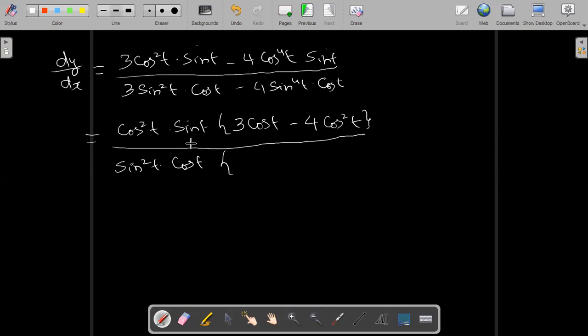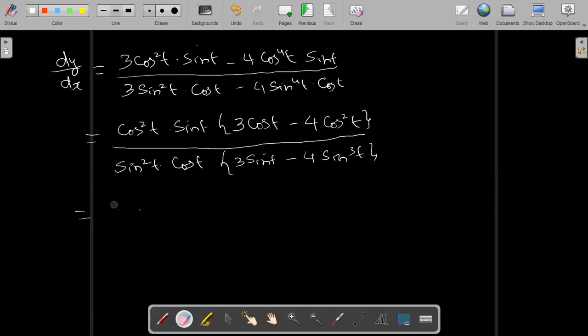So inside we are left with 3 sin t minus 4 sin cube t. So cos square, cos cancel, sin cancel.